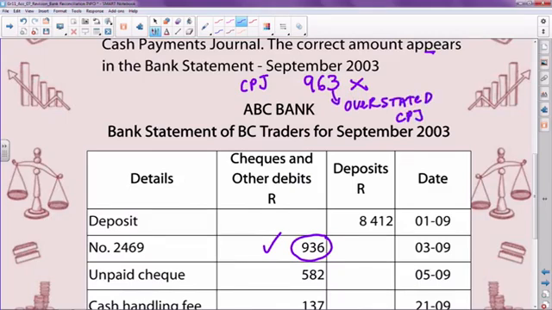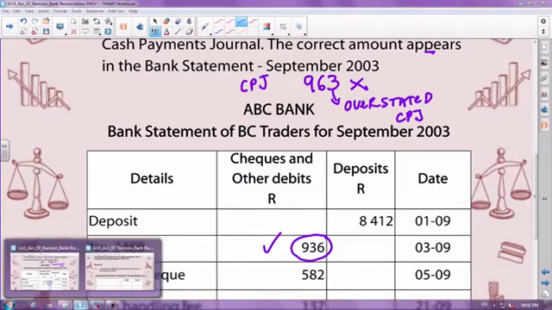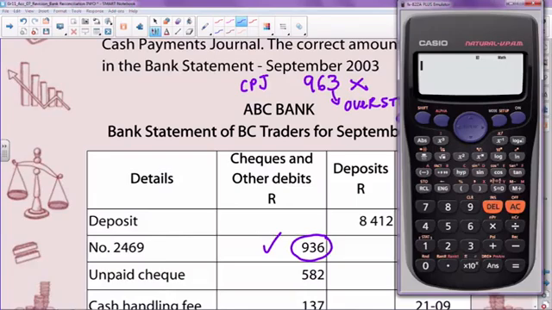We've written too much. So what is too much? Let's get our calculator out. We've entered 963 minus the correct amount of 936. So we've overstated a payment by 27 Rand.